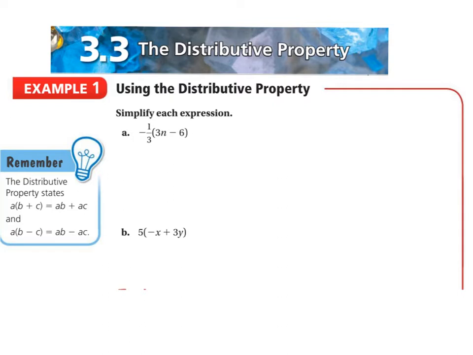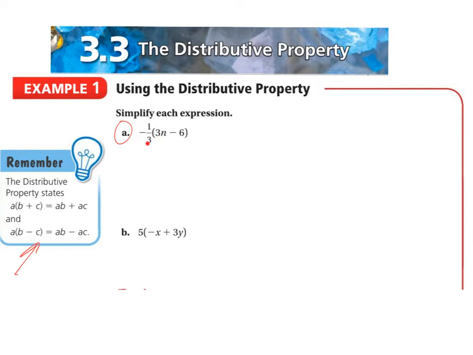Okay, so distributive property, as it says here in a cryptic way, basically says that when you have something like this, you're going to just simply take the number outside and multiply it by both of the terms inside. So the way we read this, and it's important to start learning how to say things, this is negative 1/3 times the quantity, that's what this means, 3n minus 6.